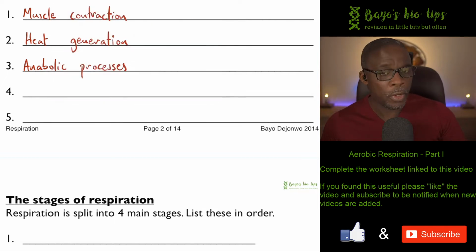So let's describe what each of those are and why they require ATP. So in muscle contraction, you've got various fibers that slide over each other, and you need ATP in order to cause the release of certain molecules in the process. So ATP is required for this.